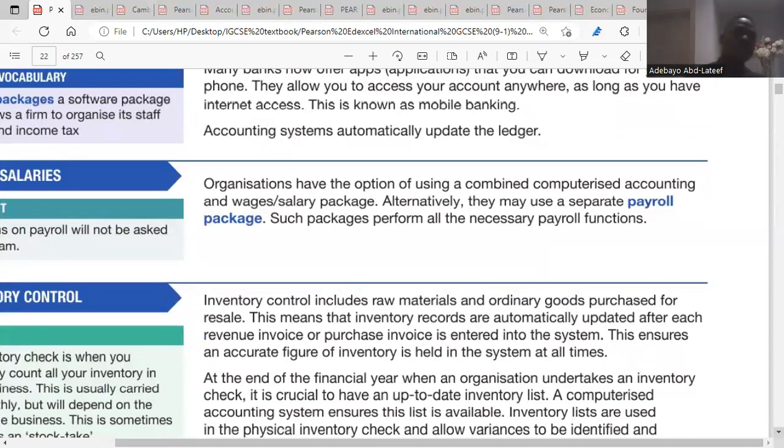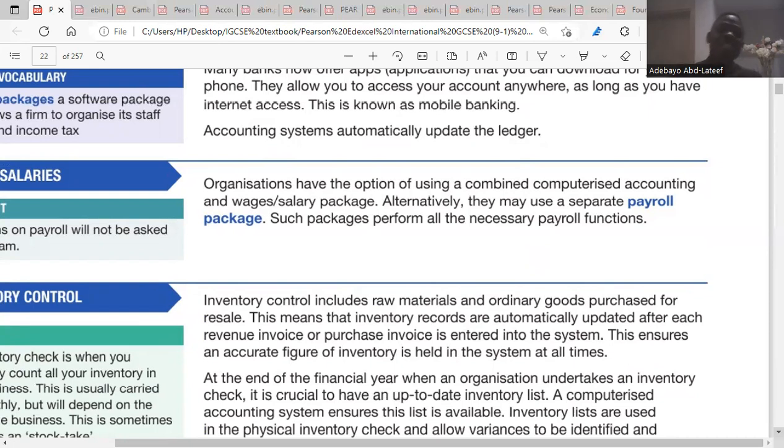And when your customers buy from you, you issue an invoice for receivables. As soon as you input it, it automatically reduces your inventory. That is what the accounting function is about. Is it clear? Yes.